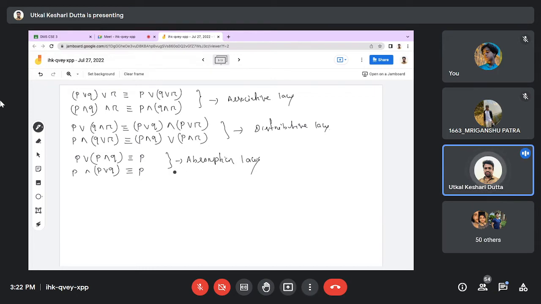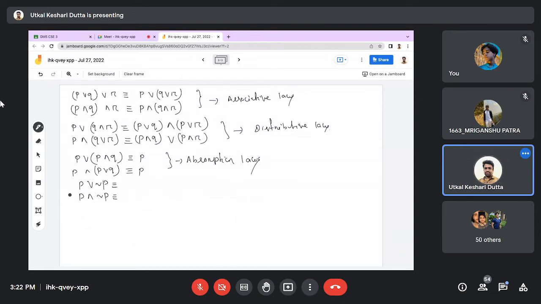Just names are there. Also, I think we have already seen P disjunction negation P. What will this be? And P conjunction negation P, what will this be? These last two properties we have already proved.